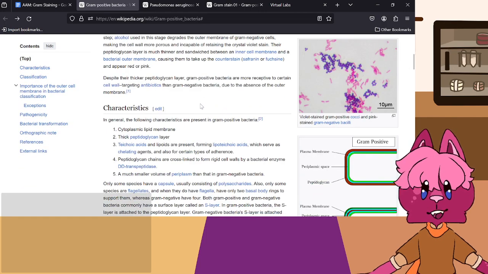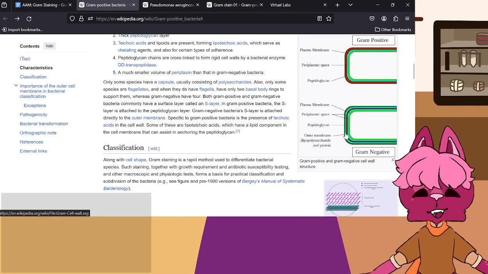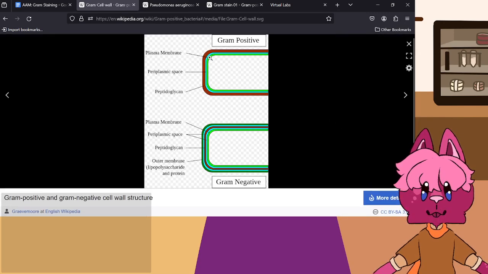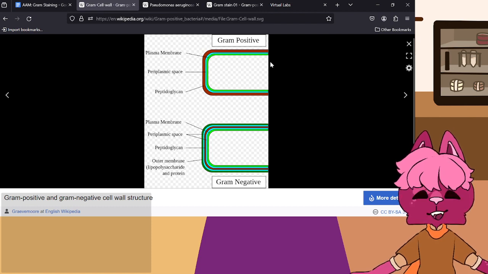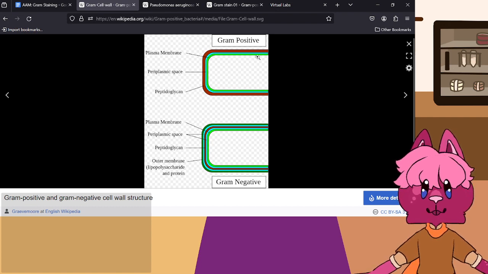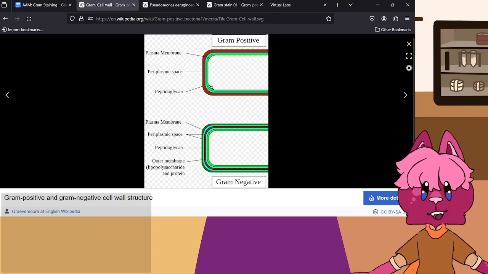So this has a good diagram of what gram-positive versus gram-negative bacteria look like. The brown stuff is the peptidoglycan. As you can see, gram-positive bacteria have a lot of it, and it's on the outside part. Then you have the periplasmic space, and then the plasma membrane.